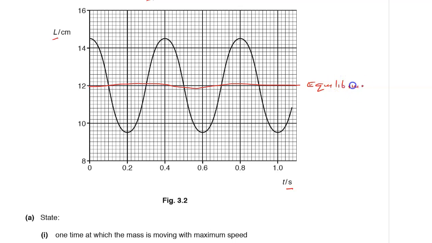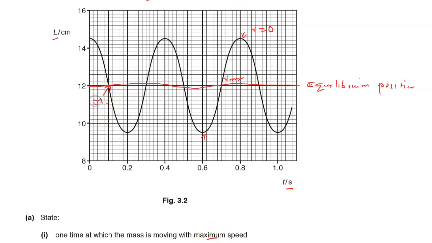At the extreme ends of the oscillation, velocity is 0. But here, velocity is max. So you're supposed to find any one of these points where the speed is maximum.